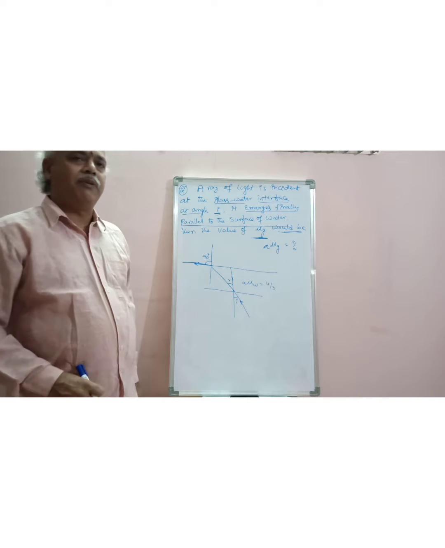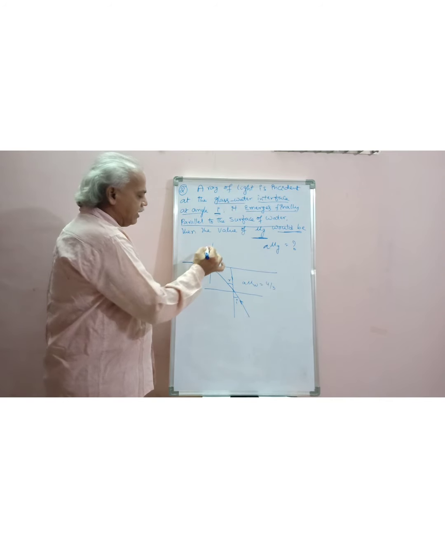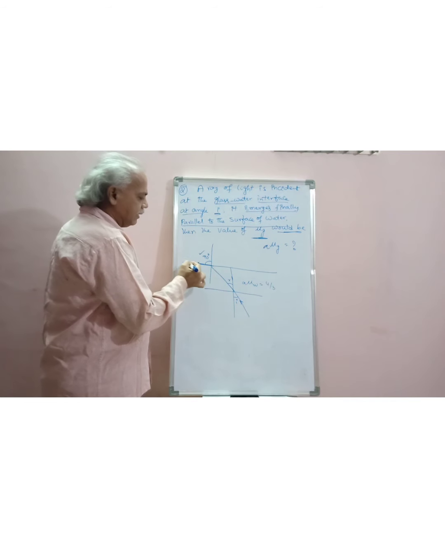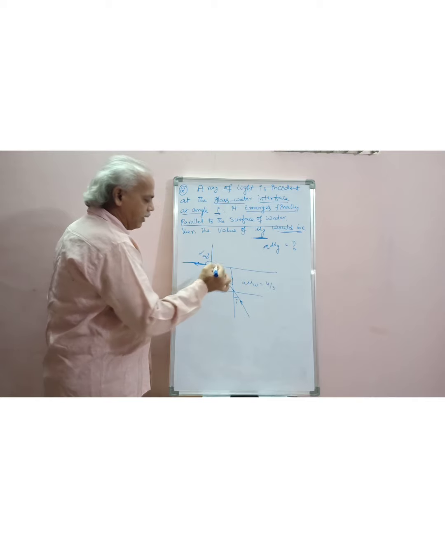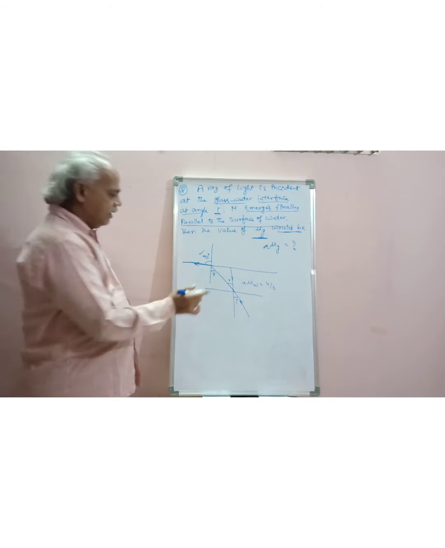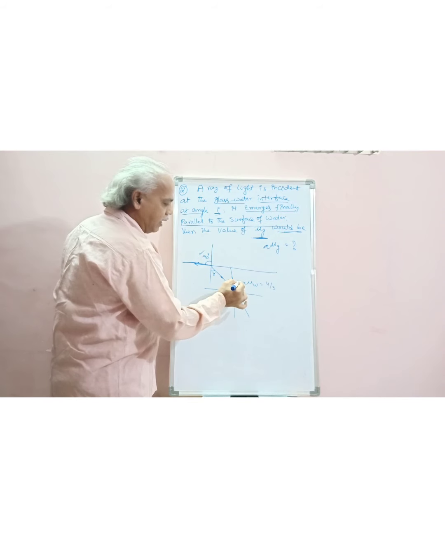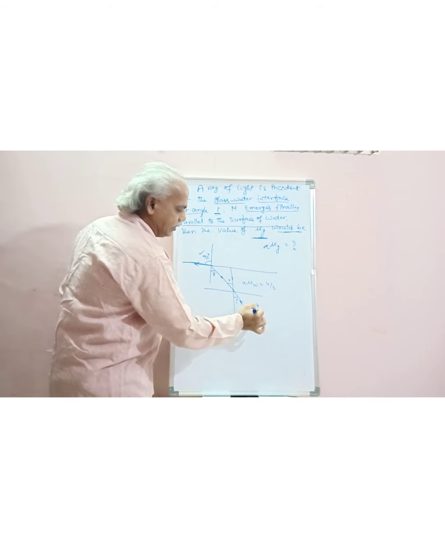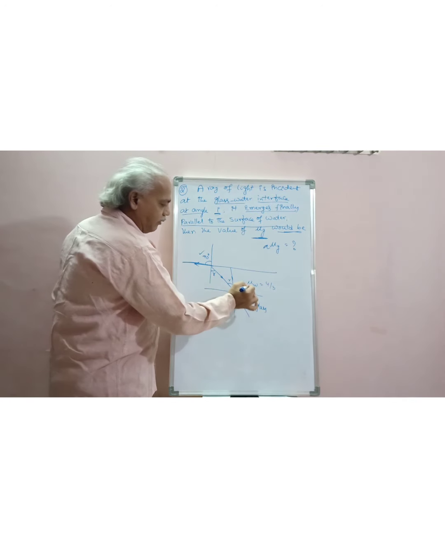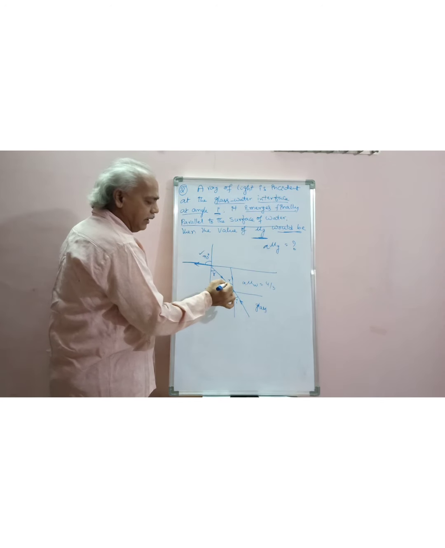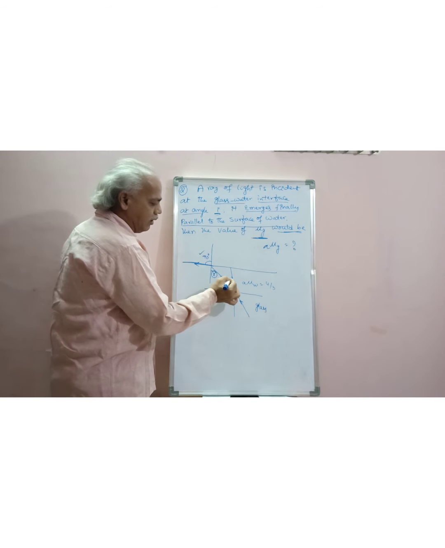According to the principle of reversibility, the incident angle is say 90 degrees and that ray refracts into water with angle of refraction r, and it is incident at the interface of water and glass. So at the interface of water and glass, it is incident with angle r.